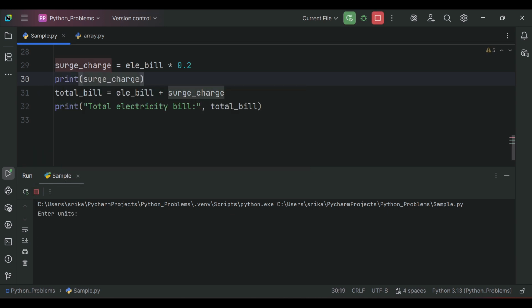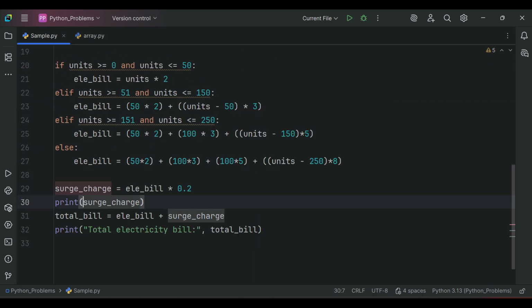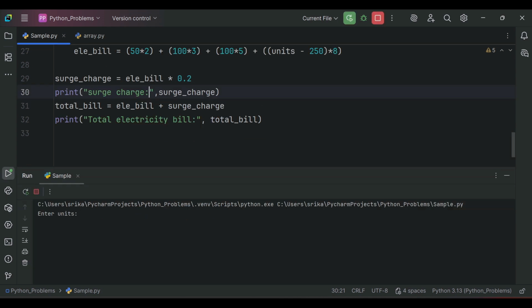Now I am mentioning it clearly. This is the surge charge. Here I mentioned the surge charge, and this is 120 rupees.